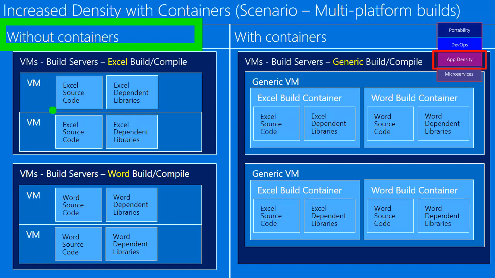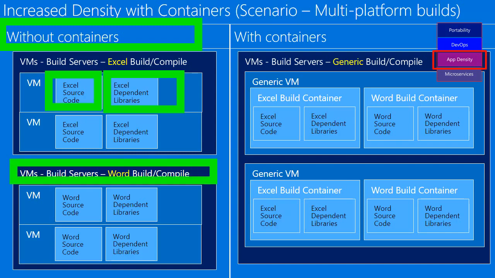Imagine, if you will, that the VM that does the compiling of the Excel source code also maintains all its dependent libraries. So you have multiple VMs, each one of them having to include the Excel dependent libraries in order to compile Excel source code. Same thing would hold true for a Word compile process, whereby we need the Word dependent libraries on every VM that's going to compile the Word source code.